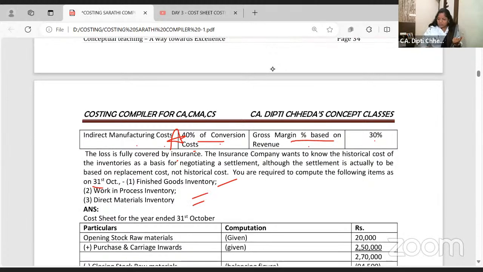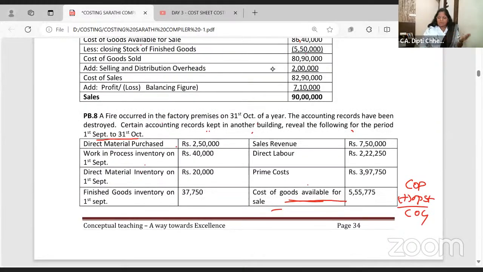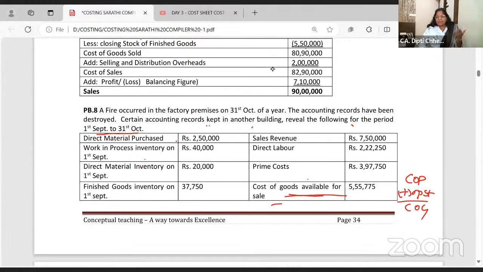And three kinds of stocks are missing. The secret for costing is to put the things on paper. So much is missing. Open it up like in a notebook, whatever you understand, write it, and automatically from here and there you will get all the figures and you can complete it.